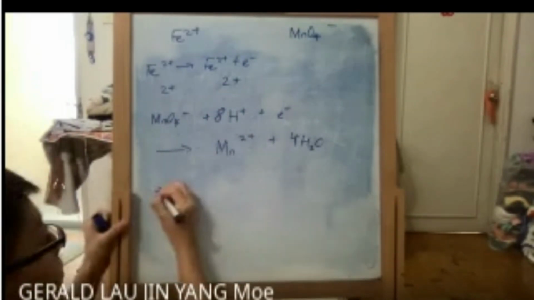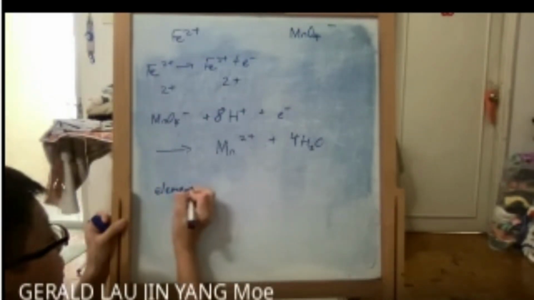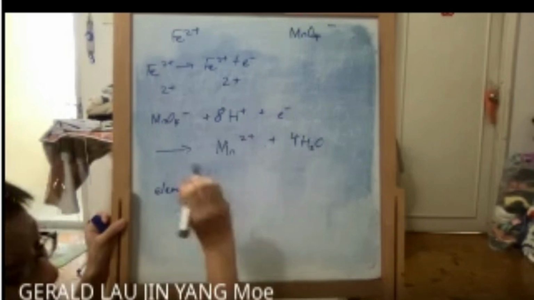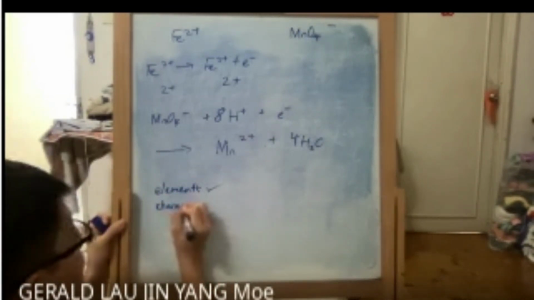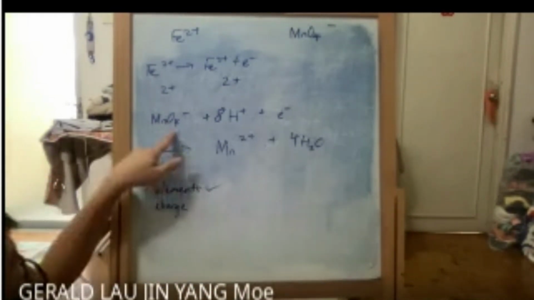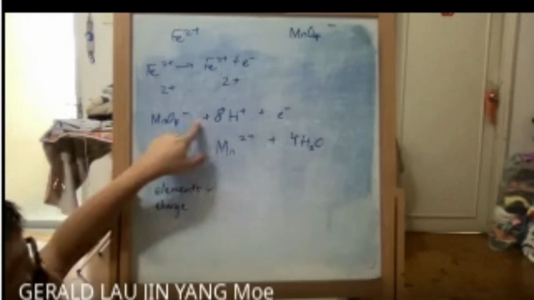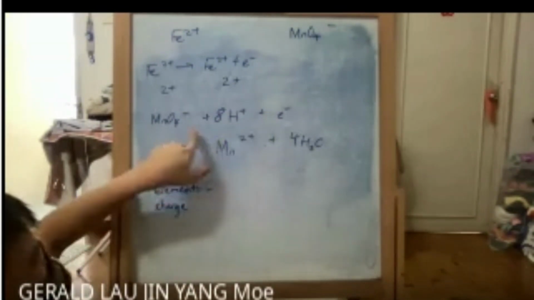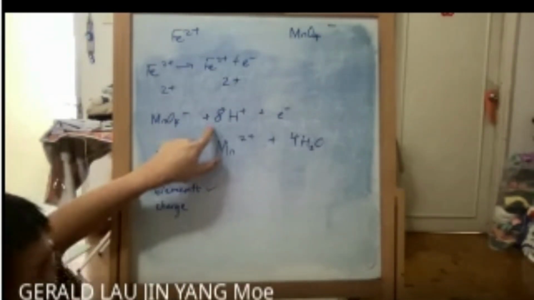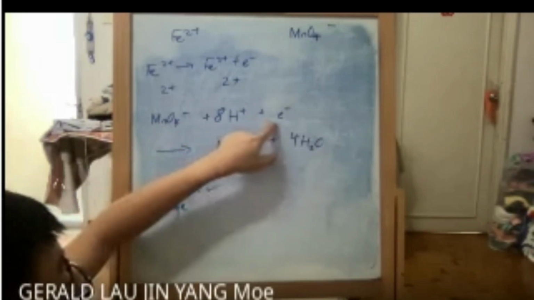All elements are balanced. Now you look at the charge. You have to balance the charge. Minus 1 plus 8 is 7, minus 1 gives 6.